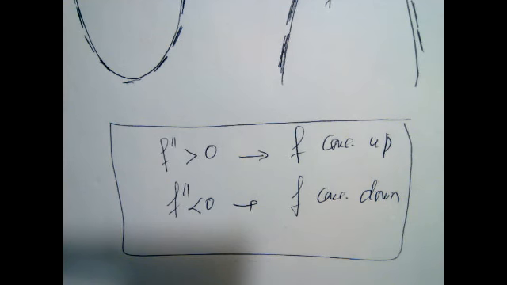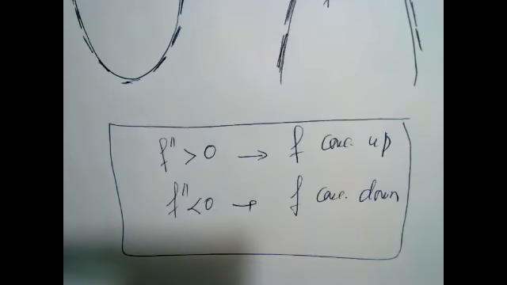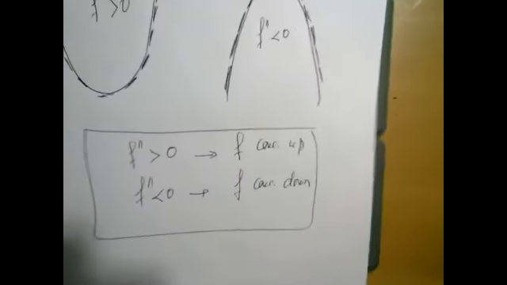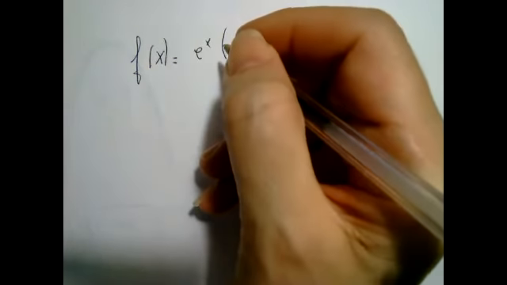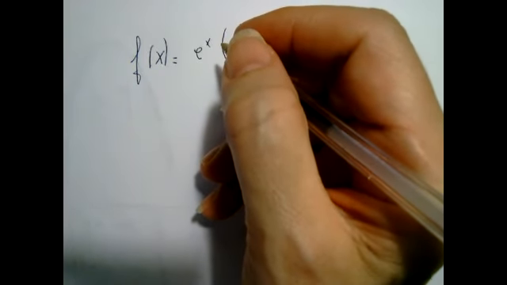Problem 67. We have the following function: f of x equals e to the x times x minus 3.